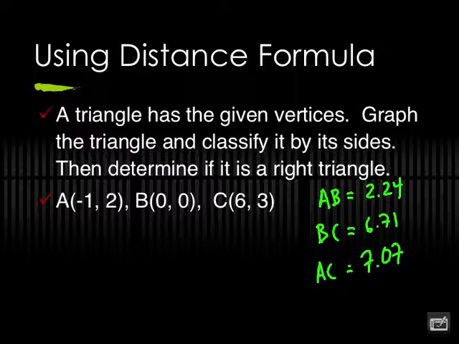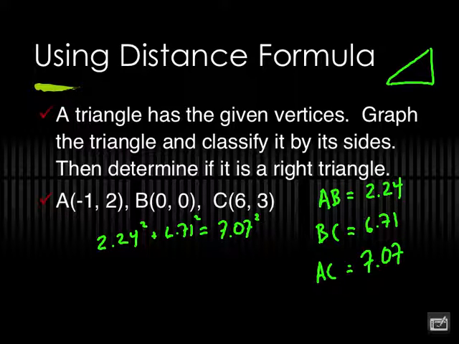If it graphs nicely on a coordinate plane, then you'd be good to go. This one's not gonna do that. Daniel, Pythagorean theorem. Beautiful. If that is a right triangle, Daniel, which one's the hypotenuse? AC. Beautiful. So if it's a right triangle, then 2.24 squared plus 6.71 squared would equal 7.07 squared. Check that, please.